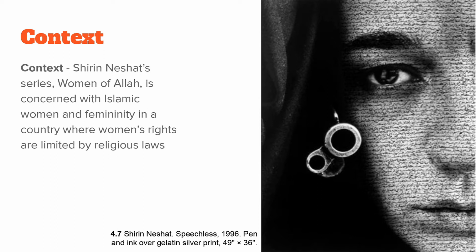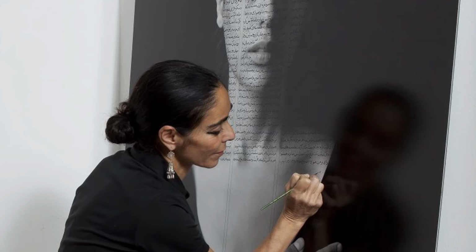She would make these photographs, make large output prints, and from there she would write calligraphy directly on top of the paper. In that Islamic tradition, she writes out scriptures based on what it means to be a woman in Islam.